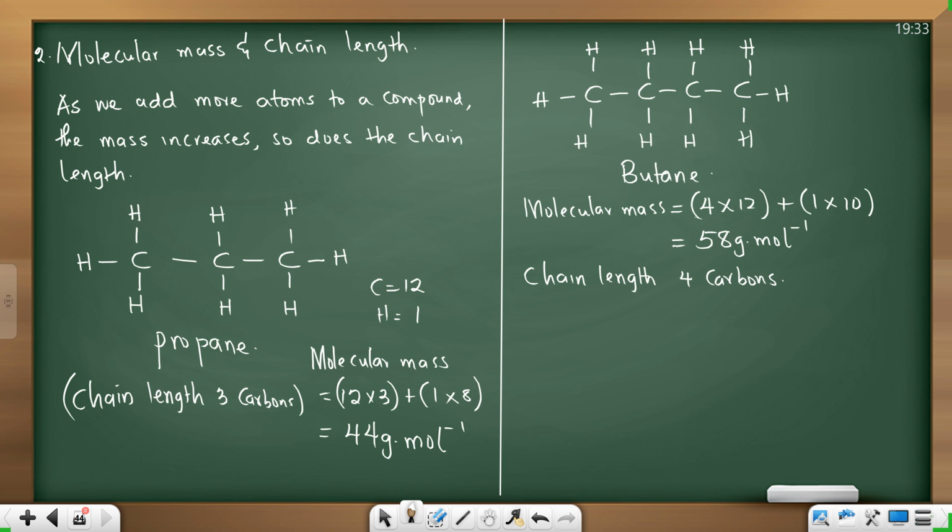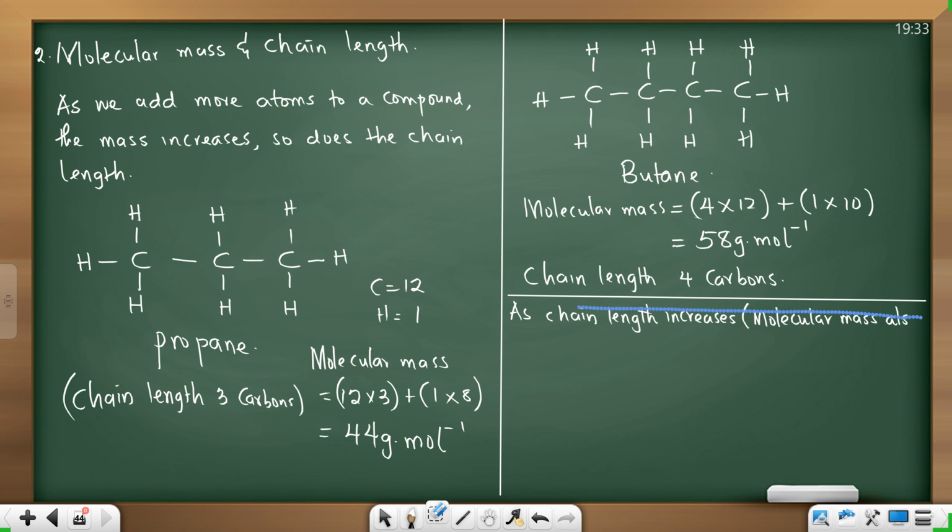So the question is, how does this affect my boiling point? As chain length increases, and by the way, you know molecular mass is also increasing. Or let's put it the other way around. Sorry. As molecular mass increases, that will impact. Chain length also increases.